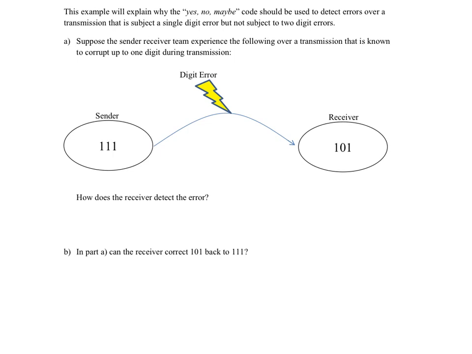The first thing is we're going to suppose that our transmission can only corrupt up to 1 digit during the transmission. So this is very important information, and this information is a bit theoretical. Like in reality, when you're making these codes, you're never 100% sure that only one thing will go wrong. But the reality is more like you're 99.9 something percent sure that only so many errors will occur if this much information is transmitted.